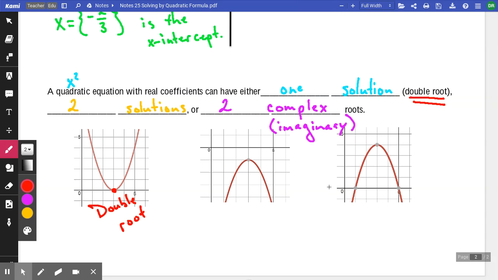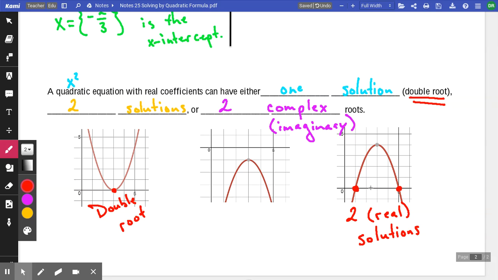We see, let's go to the last scenario. We see a graph that has two x-intercepts right here. This would be a case of two solutions, and we could put that they're real. Generally, we assume that they're real.